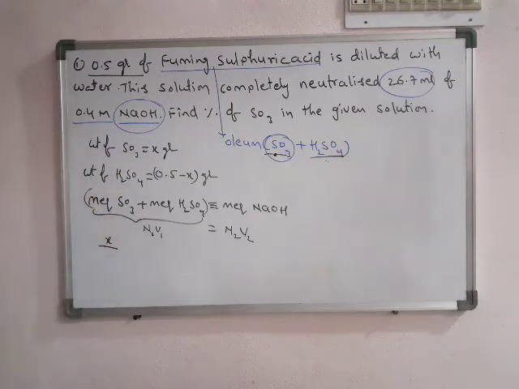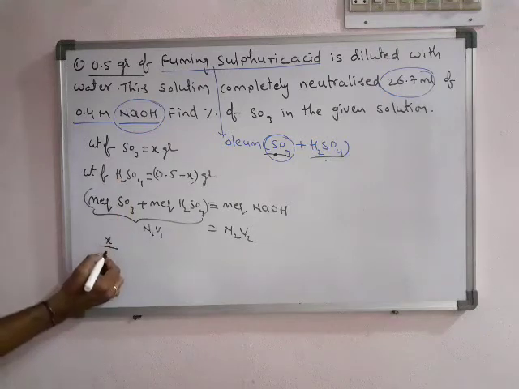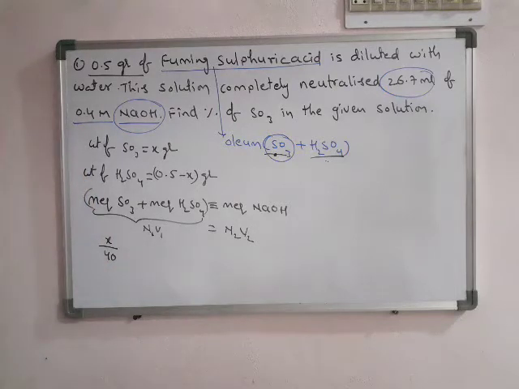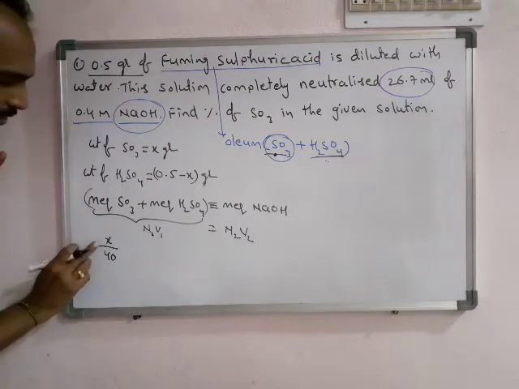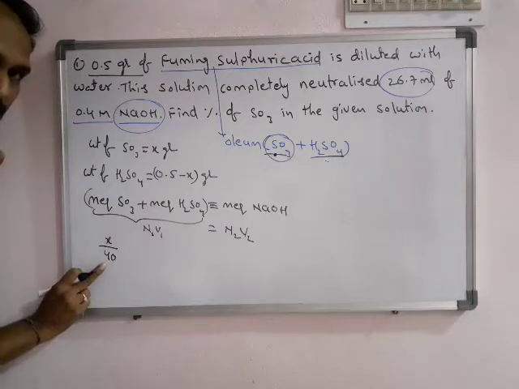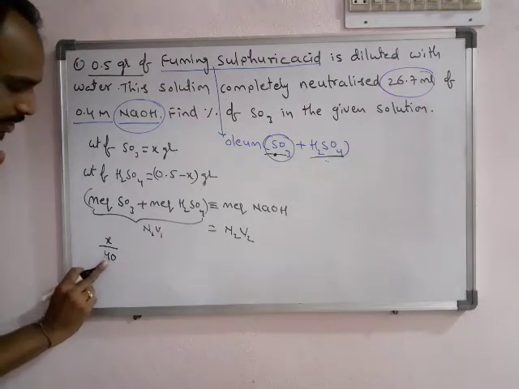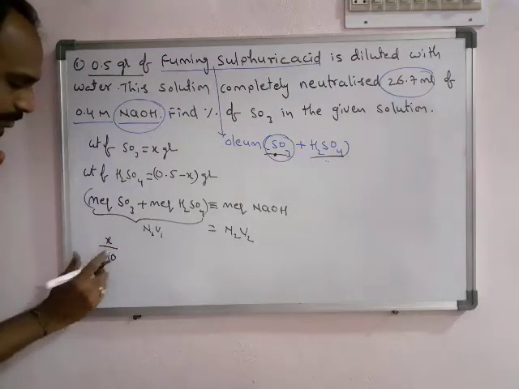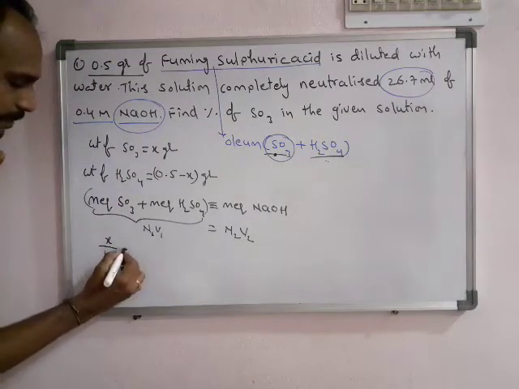So okay, 80 by 2 by taking its valency, that is equal to 40. Okay, this is the equivalent weight. This is weight by equivalent weight. Weight is x grams. What is equivalent weight? Equivalent weight means 80 by 2. Here SO3's valency is treated as 2. 80 by 2, 40. Yes.